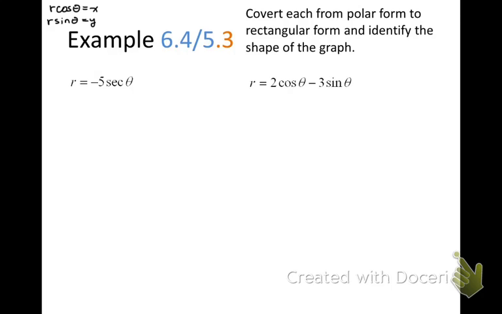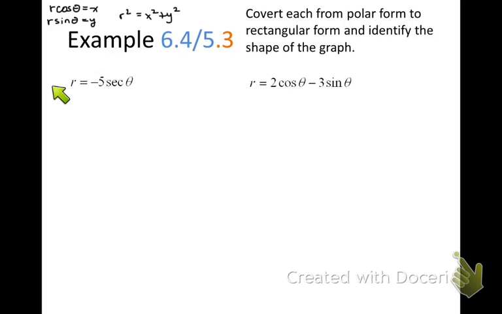What's one more conversion that's not a direct x or y but still would get it in terms of x and y? If you had r squared, couldn't you replace r squared with x squared plus y squared? Right? So you are looking to force either an r cosine, an r sine, or an r squared.